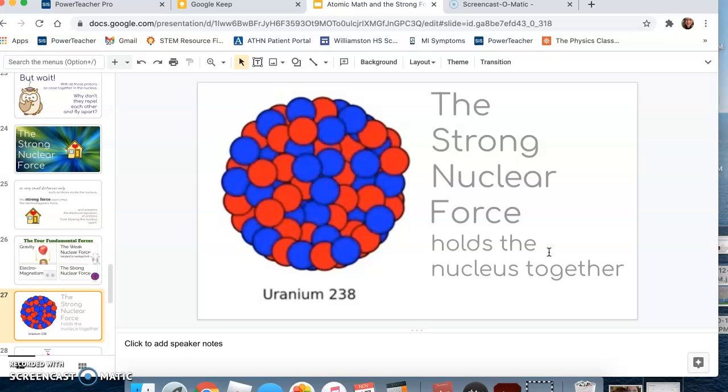The amount of energy that would cause a nucleus to break apart is the kind of energy that happens in an atomic bomb or in the center of the Earth, where there are crazy amounts of pressure, or on the surface of the sun. That's the kind of thing that breaks up the nuclei of atoms.